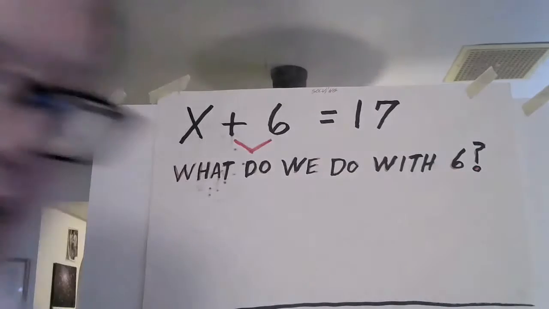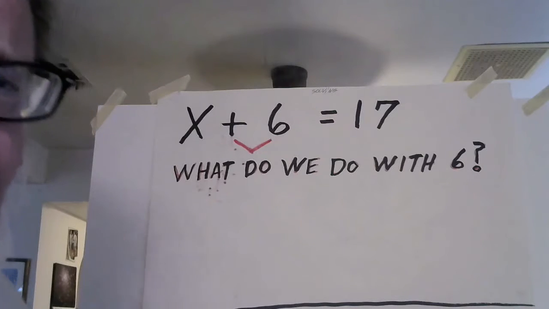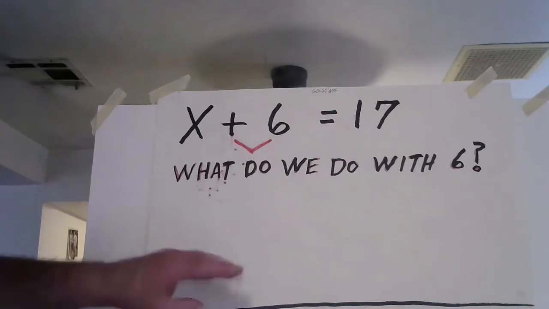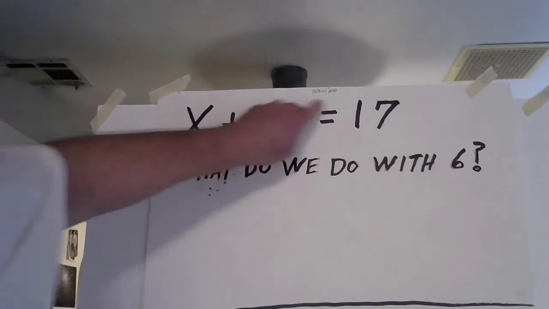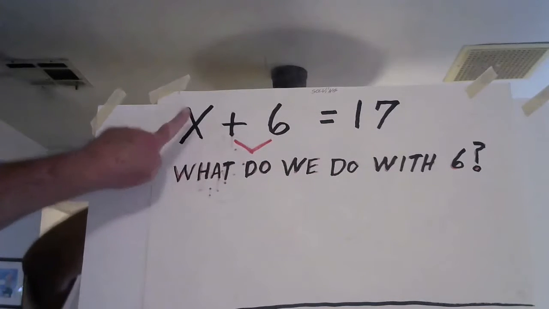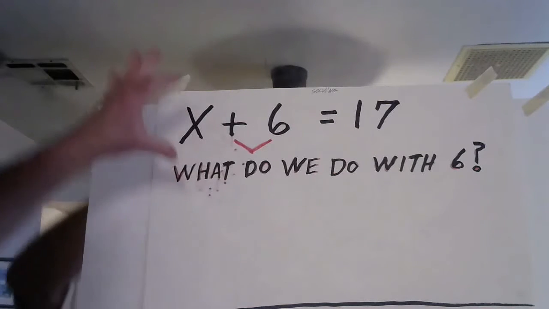Now, this is a very simple and very typical algebra problem, and I can use it to illustrate two things. There are different things you do with an algebra problem. This one we're going to solve, and that means we're going to find out the value of x. We're going to find out what number x is. It's that simple.